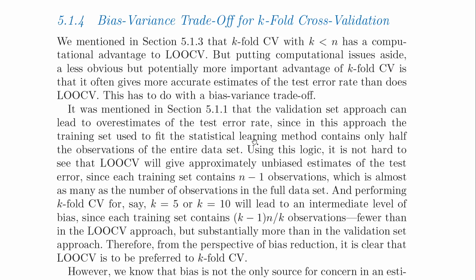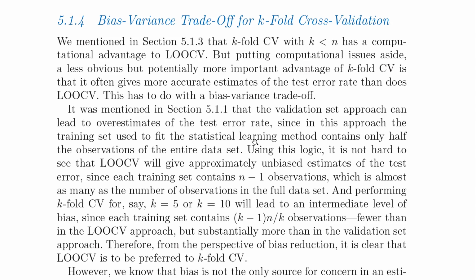But putting computational issues aside, computation meaning the processing speed, the time, a less obvious but potentially more important advantage of k-fold CV is that it often gives more accurate estimates of the test error rate than does leave-one-out. And this has to do with the bias-variance trade-off.